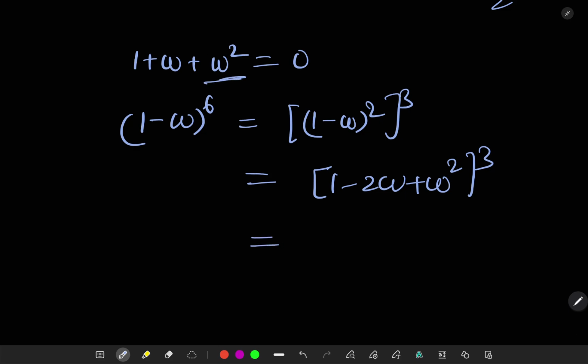Let here put the value of omega square using this equation.